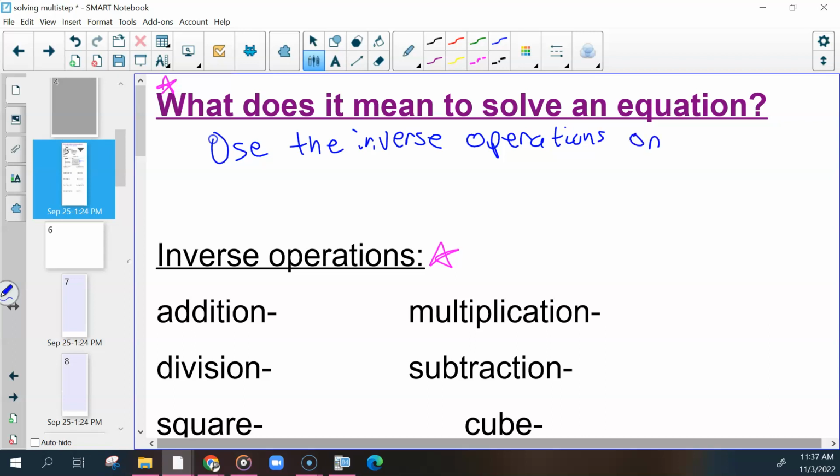I'm just being more specific. Use the inverse operations on an equation to get a solution.